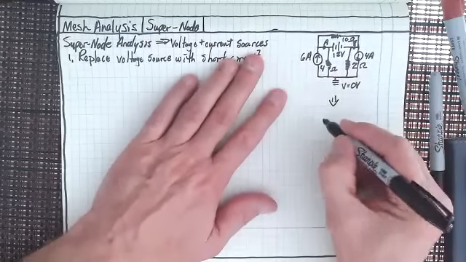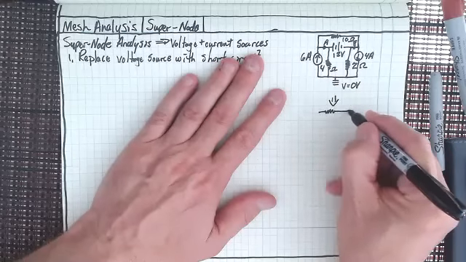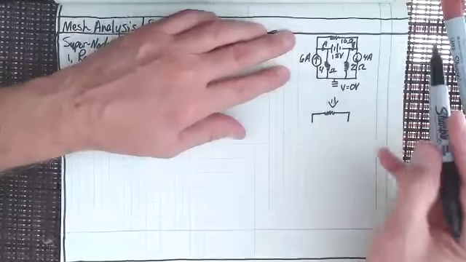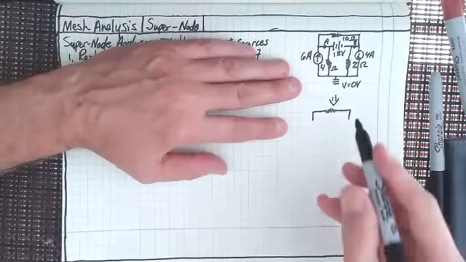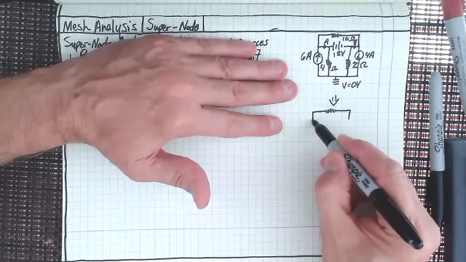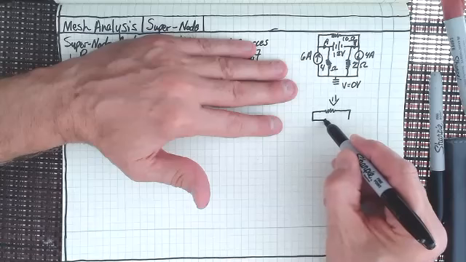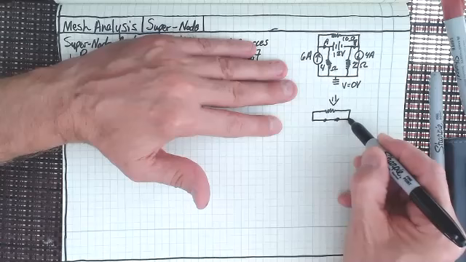So the first thing I want to do is replace, I'm not going to draw it as large. You've got all the values for the individual resistors and stuff in the top circuit, so I'm not going to redraw that entirely. But what I want to do now is I'm going to replace this with a short circuit. See how I did that?